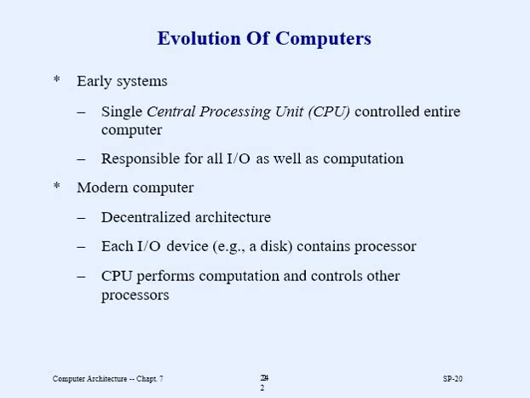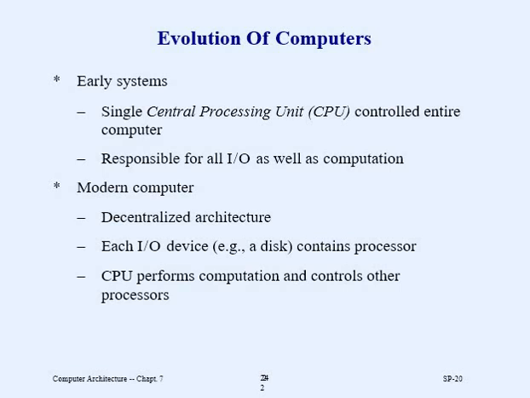In the early systems of computers, a single central processing unit controlled the entire computer. There used to be a single CPU controlling everything, responsible for all input output as well as computation, and the control signals, everything.